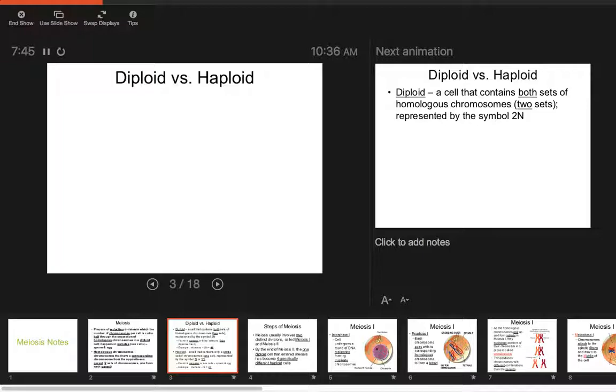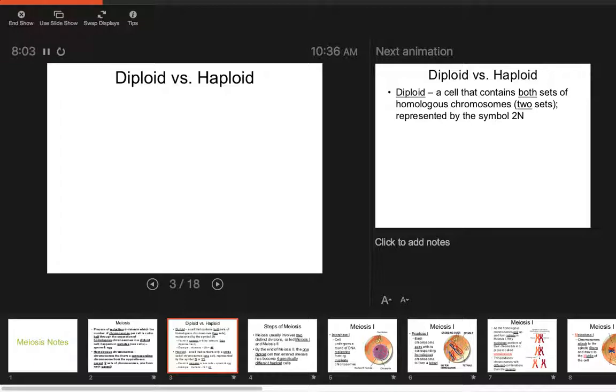N means haploid. So if a quiz asks what's a human's 2N number, 46, it's referring to the diploid number. If it asks what's a human's N number, 23, it's referring to the haploid number.